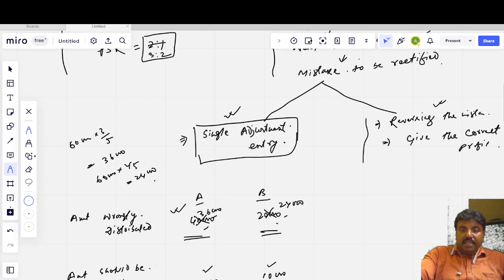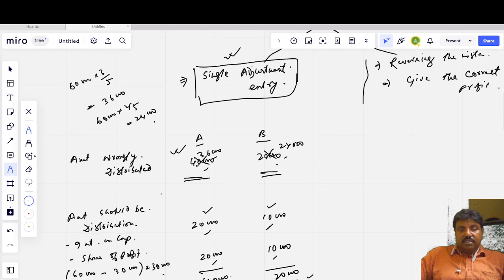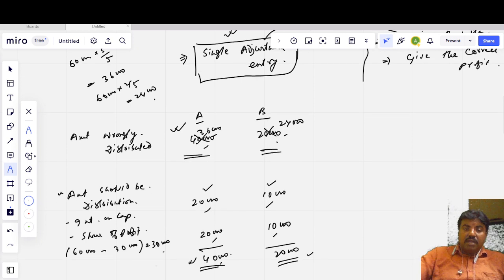But finally, when we calculate the amount that should be distributed, interest on capital is 20,000 and 10,000, because I did not change the capital amount and I did not change the interest on capital rate. So 20,000 and 10,000, but the share of profit, 30,000, will not be shared in the ratio of 2:1, rather it would be shared in the ratio of 3:2.